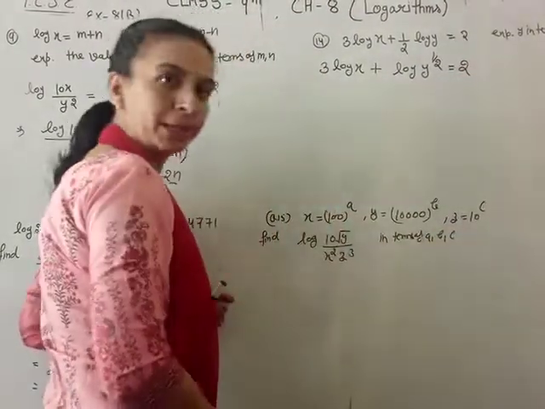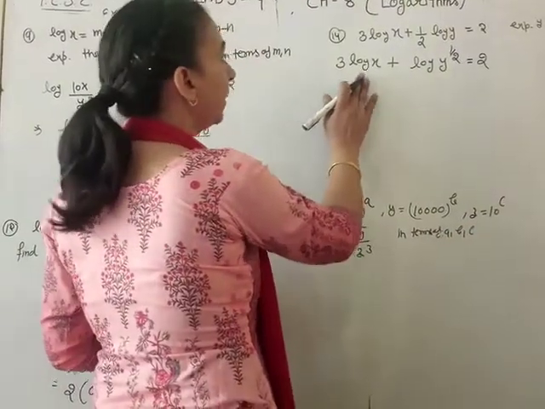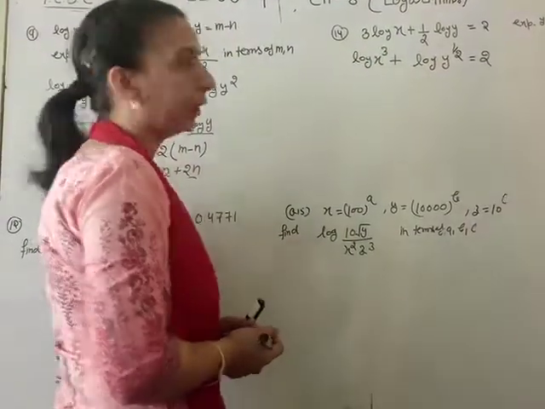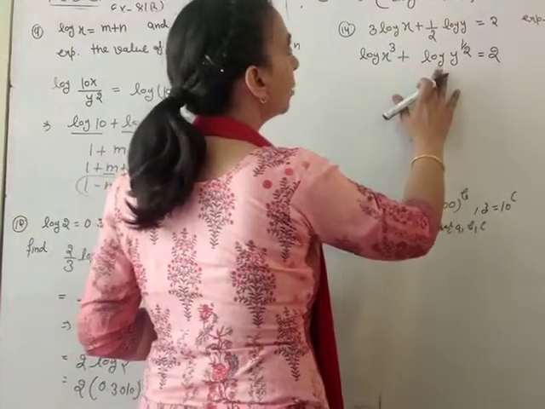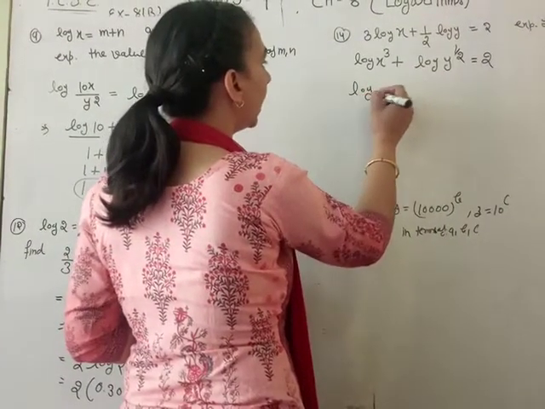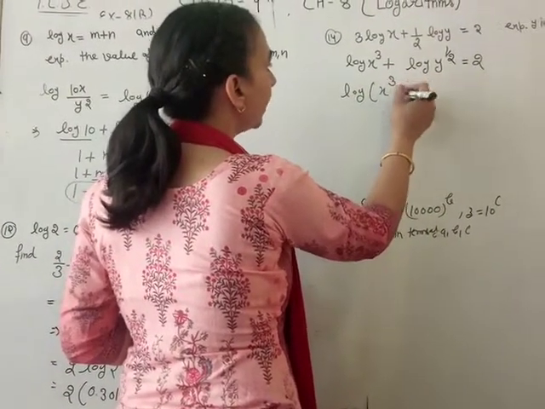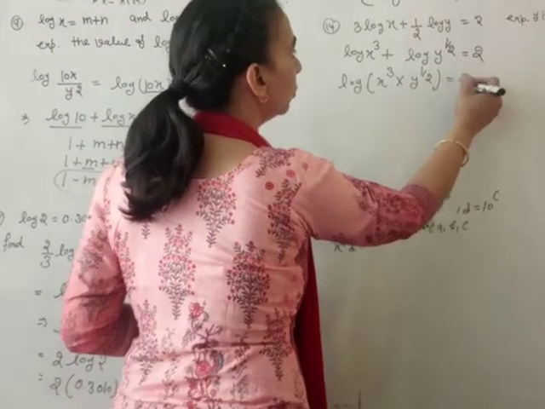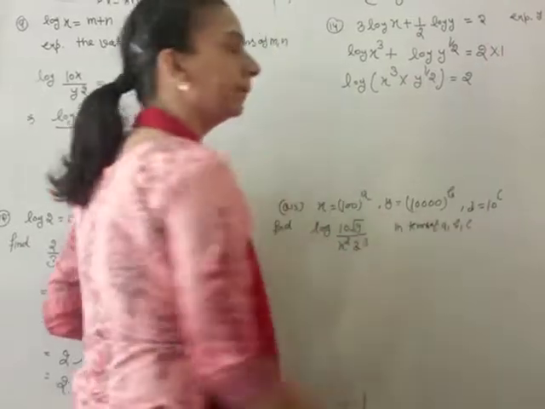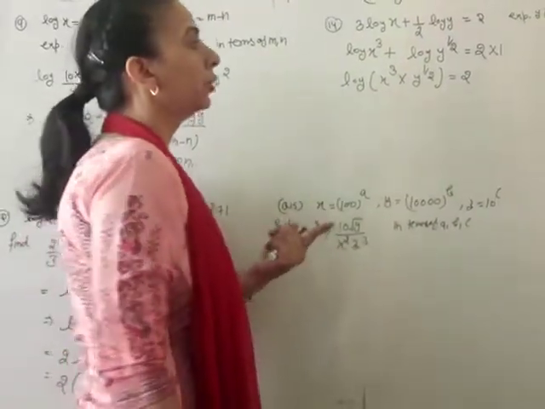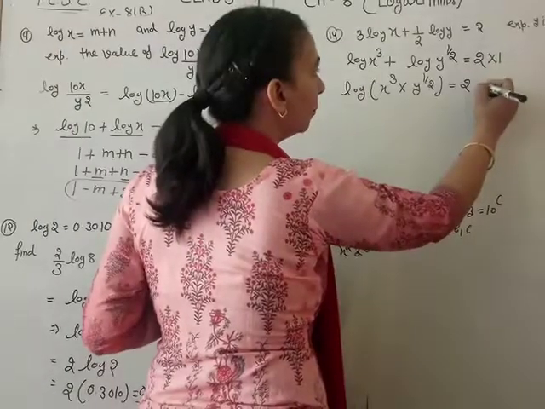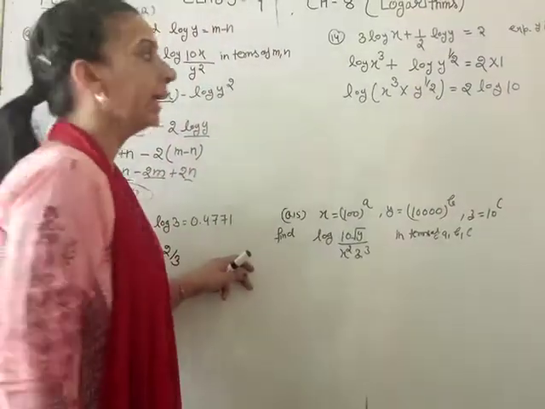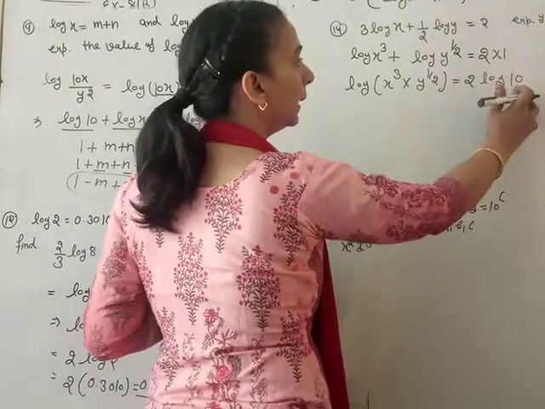Okay student, again according to the power law we write x raised to the power 3. Then log m plus log n, according to the product law, gives log of x raised to the power 3 multiplied by y raised to the power 1 by 2, equals 2. Student, 2 multiplied by 1, and in place of 1 we write log of 10, with the same base 10.